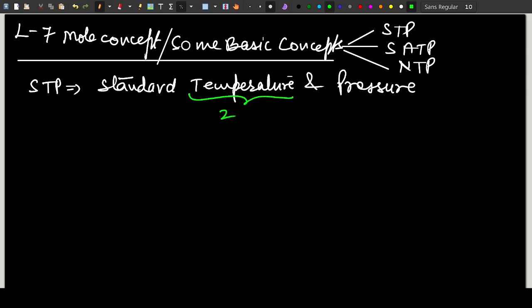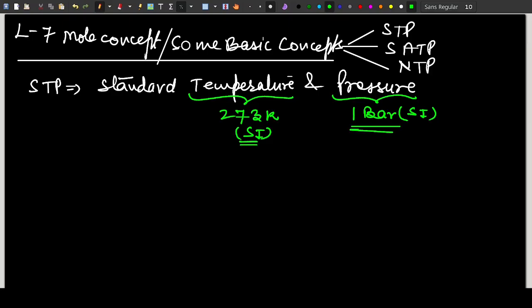Here the temperature is 273 Kelvin and the pressure is 1 bar. This is SI and this is also SI. There should be no doubt.